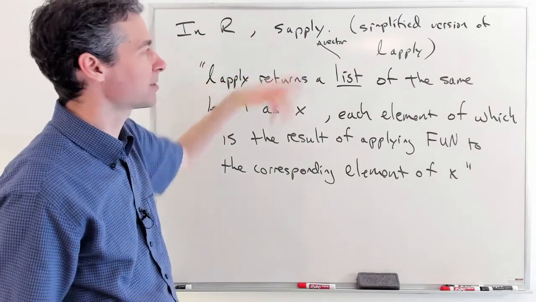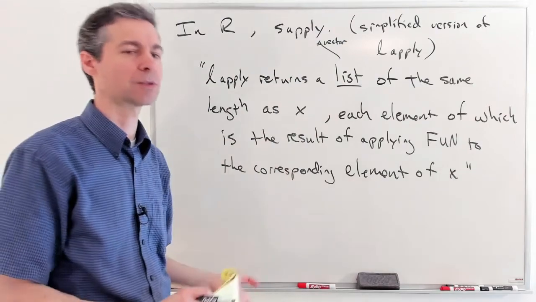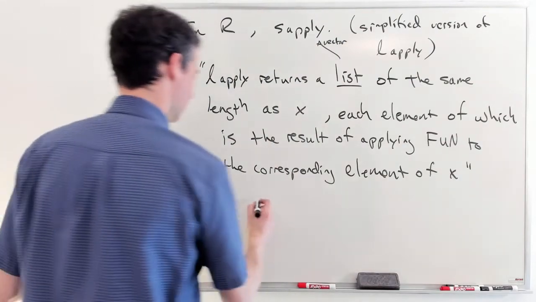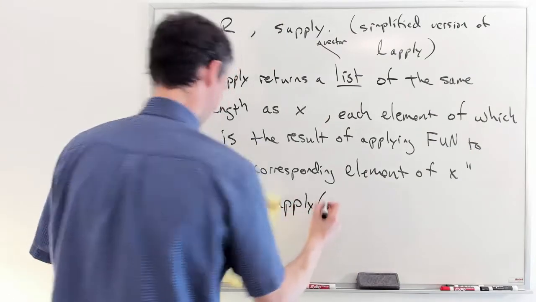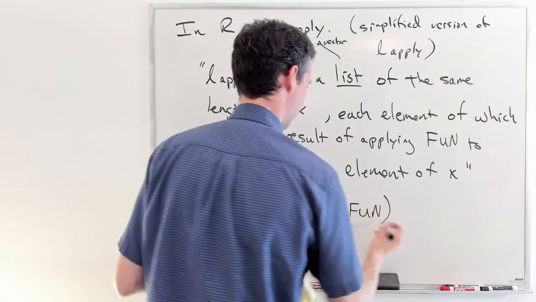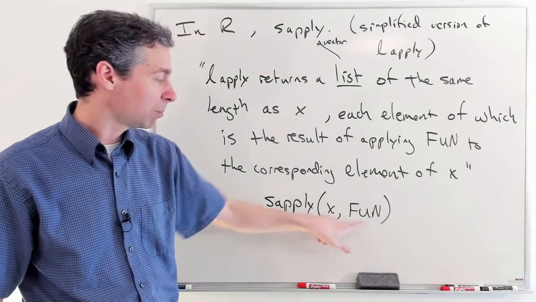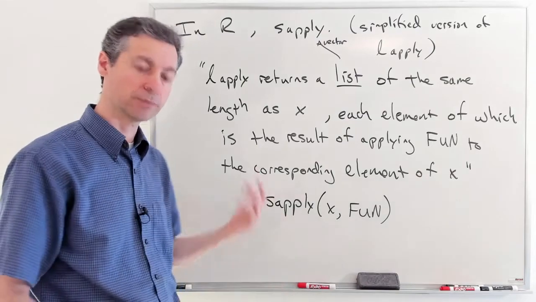So sapply basically says, I don't really want the list, please just simplify it down to a vector for me. The idea is you do sapply X and you pass in a function. Let's say X is some vector. The idea is to apply the function to each element of X and produce a new vector and return it.